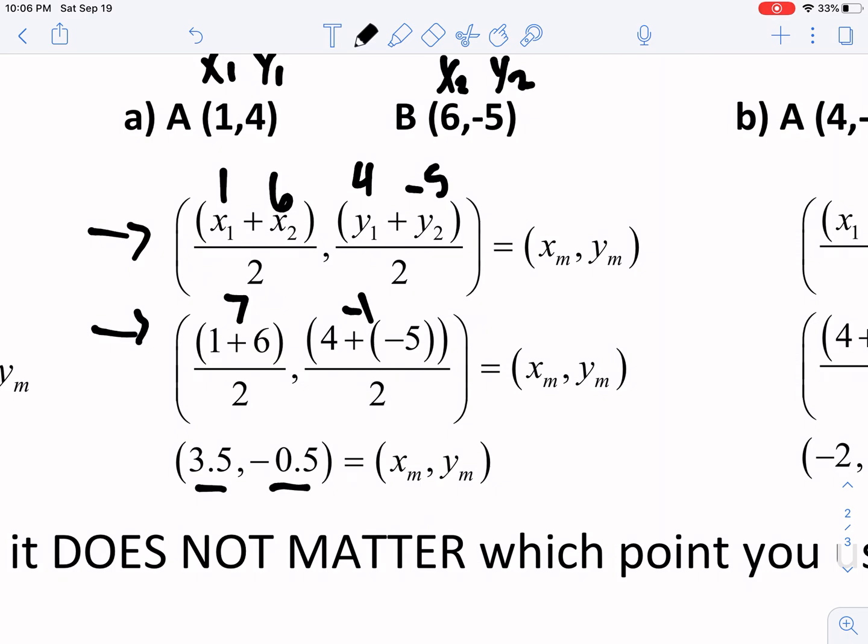So the point directly in between, the midpoint directly between these two, is (3.5, -0.5). So if we plotted A, B, and this guy, my new midpoint here, on a coordinate plane, this guy would be the midpoint right between those two, okay?